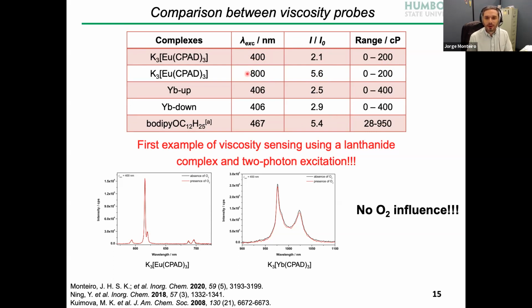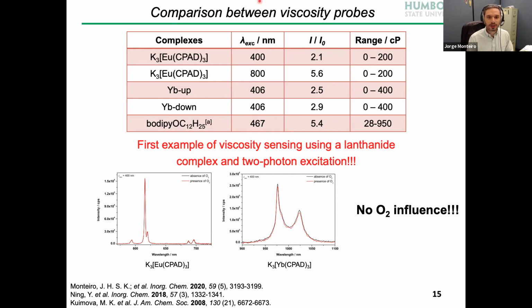The biggest problem of these viscosity probes, especially organic dyes, is oxygen influence. So we tested the probes in the presence of dissolved oxygen in the solution and in its absence. There is no influence at all, okay? So that's a true viscosity probe, where the response is a function exclusively of the viscosity and not a mixture of viscosity and oxygen.